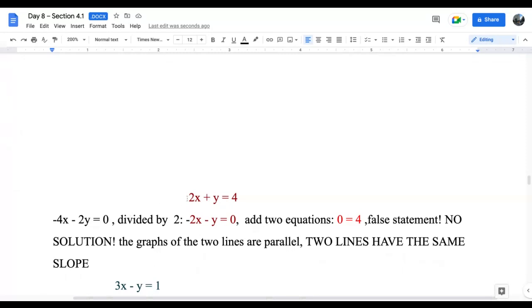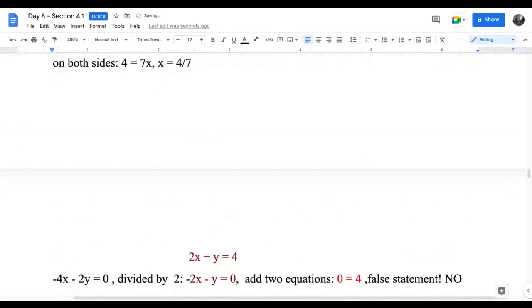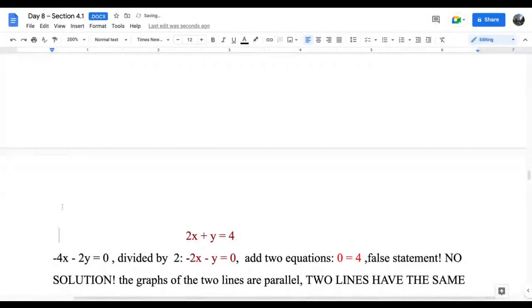Oh, okay. Let's see here. So I have those two equations.